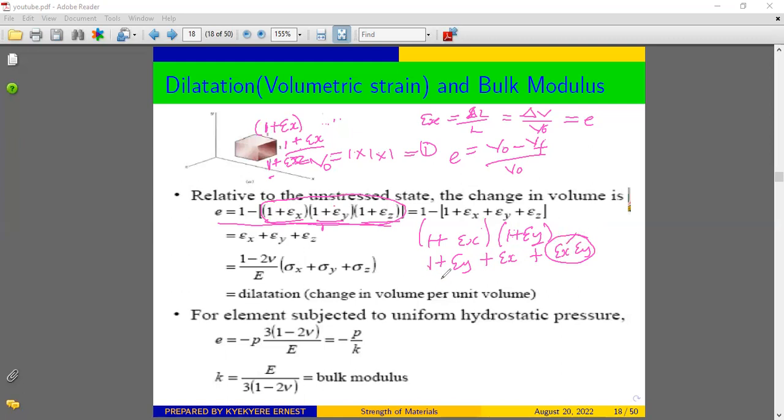So from here, we can say that the first two terms are giving us 1 plus epsilon y plus epsilon x.